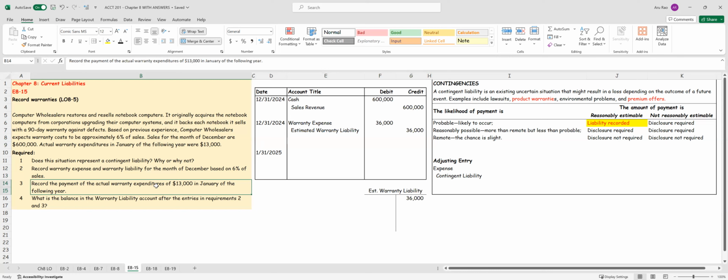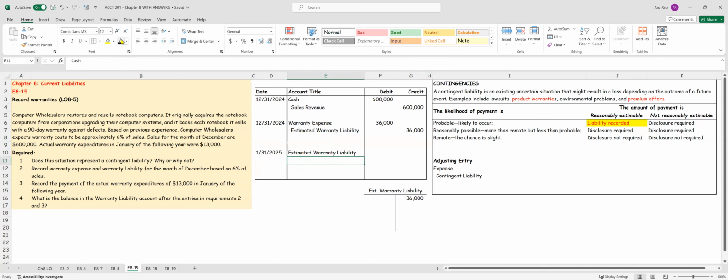Through the month of January, there are numerous journal transactions that have happened. Customers have come back, we have fixed the problems, and it's cost me a total of $13,000. The $13,000 could be parts or labor or a combination of the two. So I debit estimated warranty liability and I credit cash.